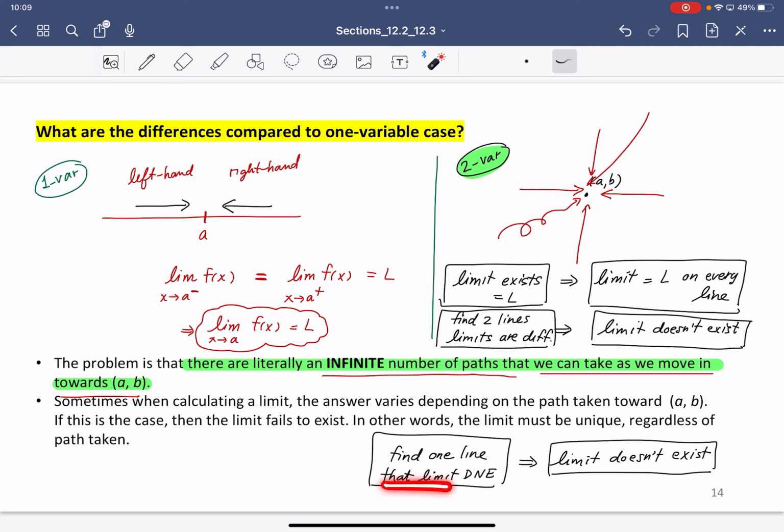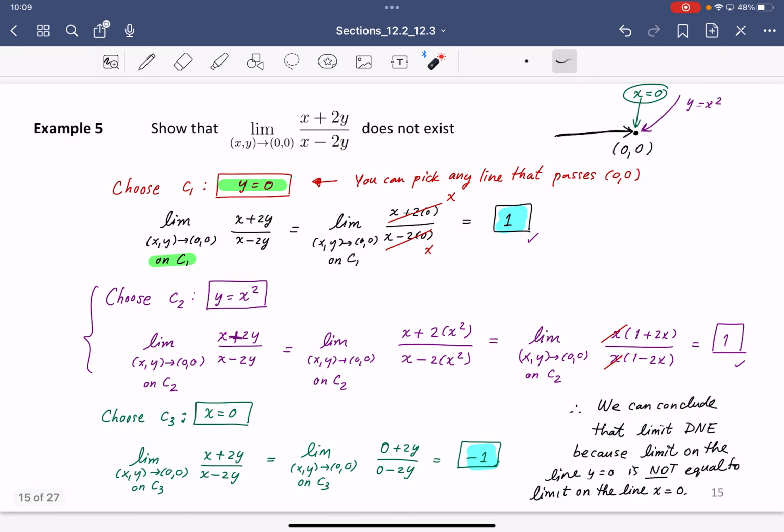Or if you find one line along which the limit does not exist, then the limit at this point is gonna not exist as well. This is a case that the limit does not exist. You have to pick different lines that pass the point (0,0), and eventually if you can find two lines that give you different limits, you conclude immediately that it does not exist.